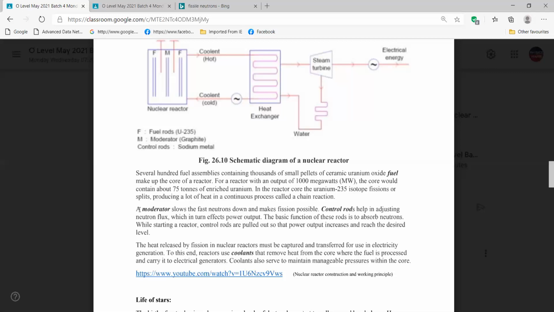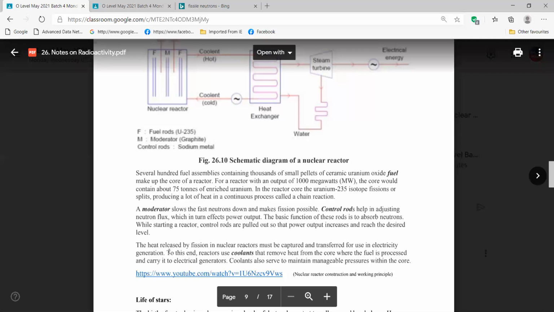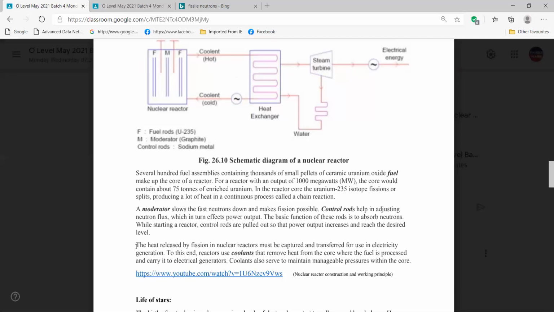Then we have coolants. Can you read from here? The heat released by fission in a nuclear reactor must be captured and transferred for use in electricity generation. To this end, reactors use coolant that removes heat from the core where the fuel is processed and carries it to the electrical generator.